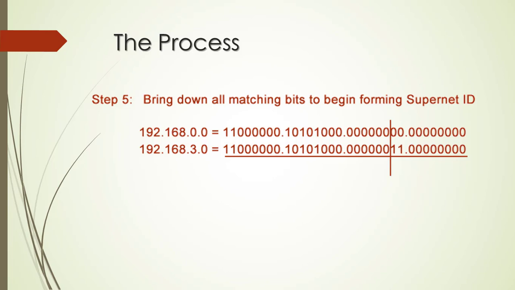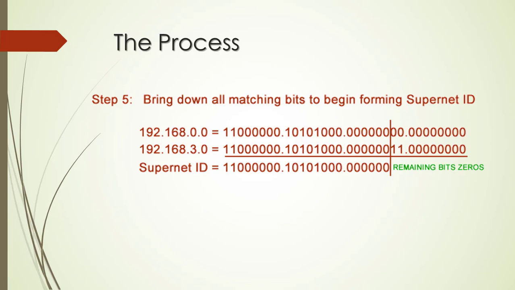So here you can see that if it matches on that first bit between those two individual subnets, we just bring that same bit down to begin forming our supernet ID. And we do that all the way across the board. If it matches, we bring it down until we get to our demarcation line. Once we get to our demarcation line, everything to the right of that line becomes zeros.